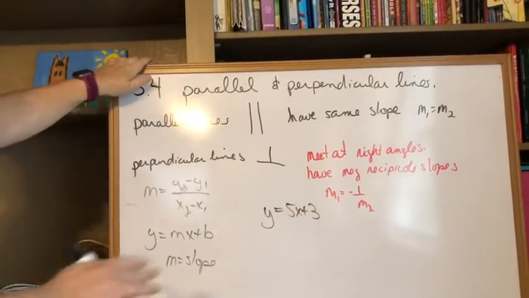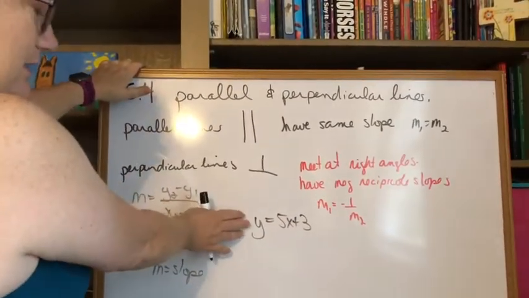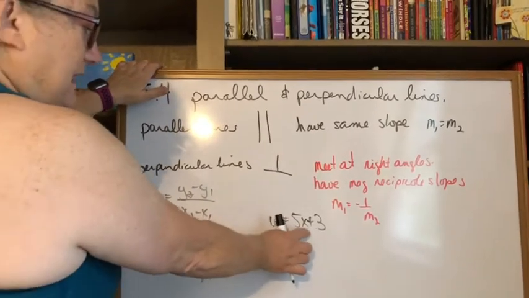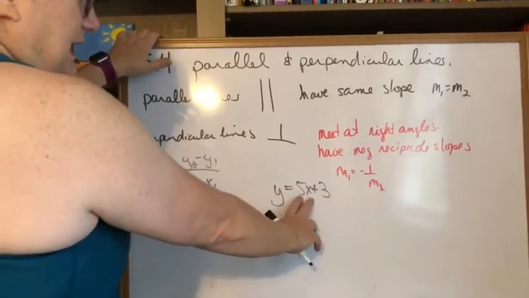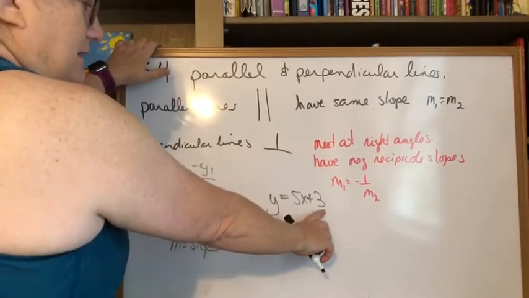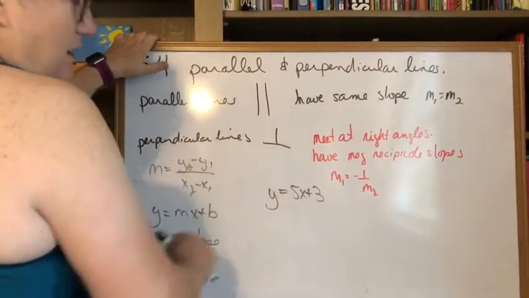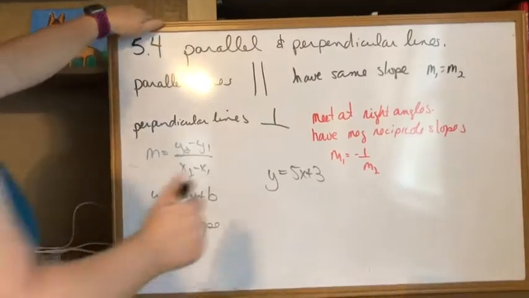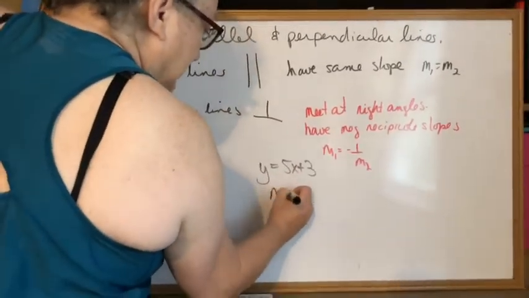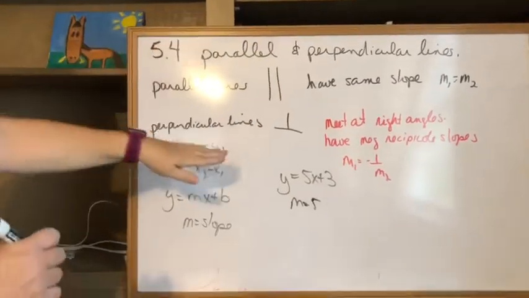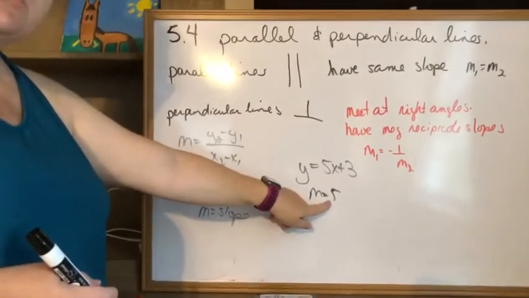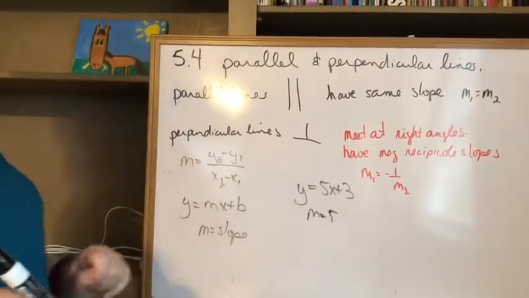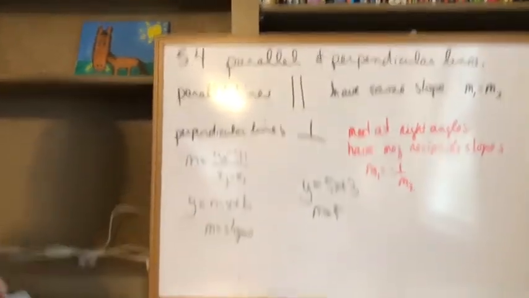This is already in y equals mx plus b form, with y on one side, an x term, and maybe a non-variable term. So m is just 5. It's already solved for us, so that's our slope. This line has a positive slope of 5, or 5 over 1.